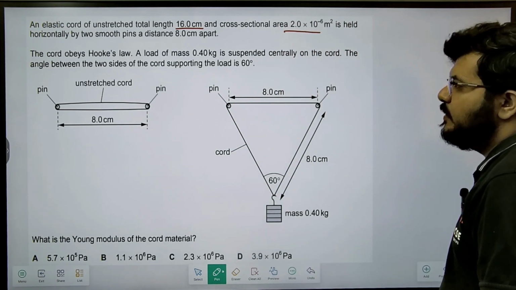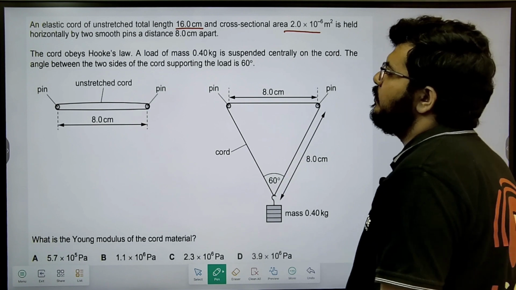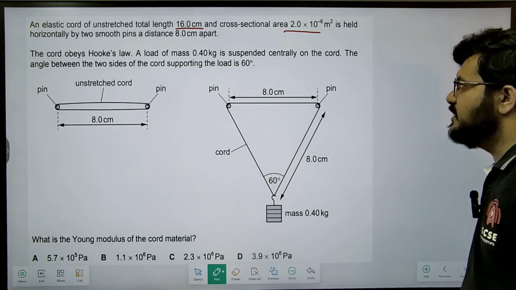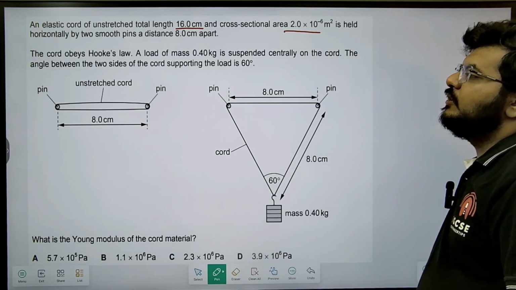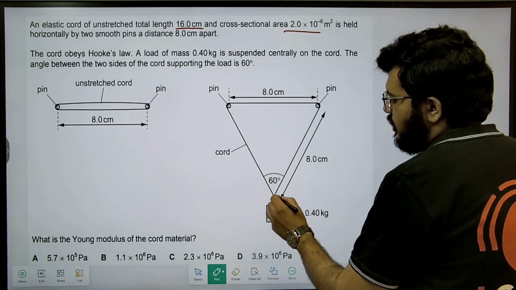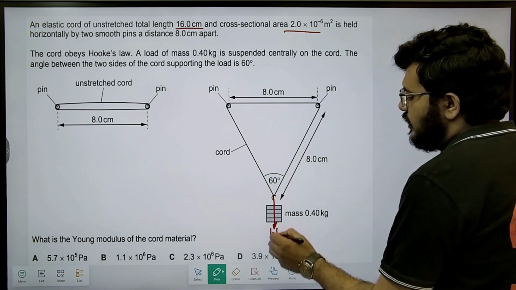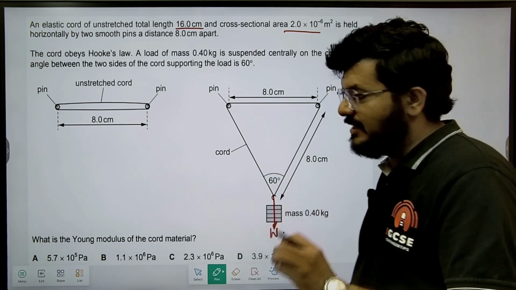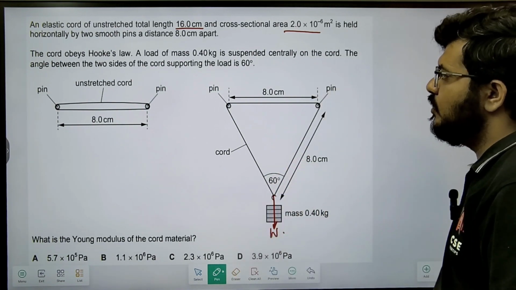The cord obeys Hooke's law. A load of mass 0.40 kg is suspended centrally on the cord. The angle between the two sides of the cord supporting the load is 60°. Okay, so this is the weight, which causes this tension, this elongation in the cord.